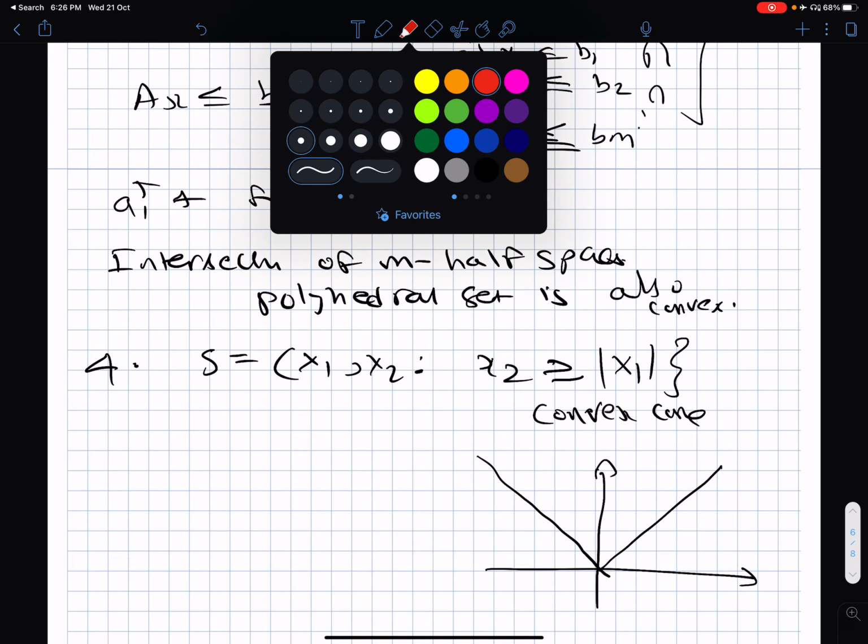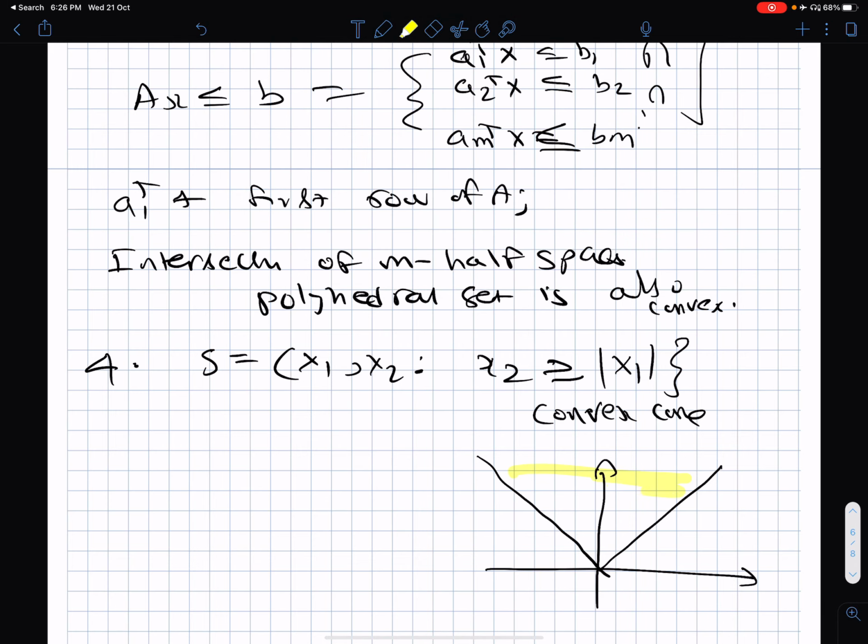This is a convex cone. Geometrically it is quite obvious to you, right? If I choose any arbitrary 2 points here, they are going to be inside this cone C, and therefore this indicates a cone.